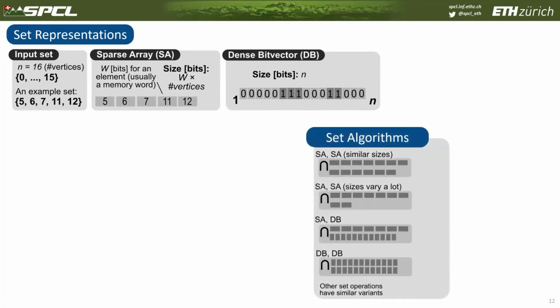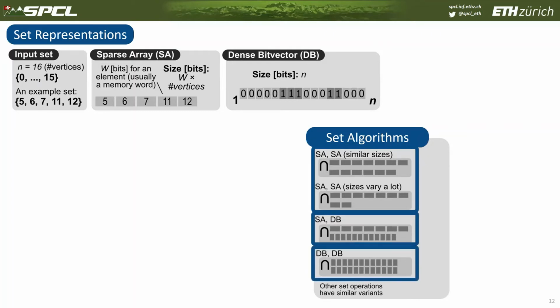And now in SISA we support both of these representations. But what is more interesting is that, depending on these representations and even some other aspects, we can now run different variants of the set algorithm. Right? So let's say that we want to intersect 2 sets, that we want to run the set intersection. Now, depending on how we represent these input sets, we may want to execute different variants of a set intersection algorithm. Right? So, for example, to intersect 2 sparse arrays, we are going to use different variants than if we want to execute intersection of a sparse array and a dense bit vector, or intersect 2 dense bit vectors.